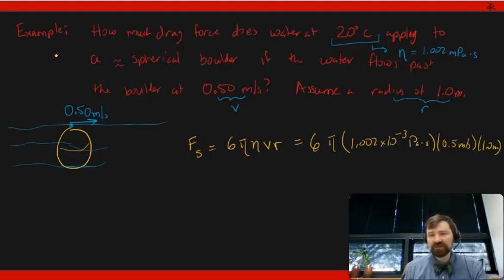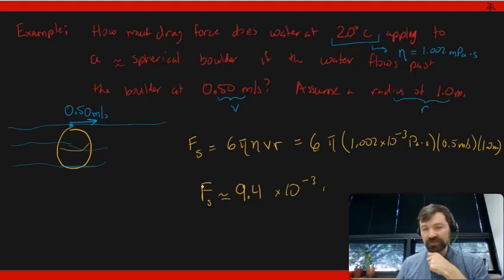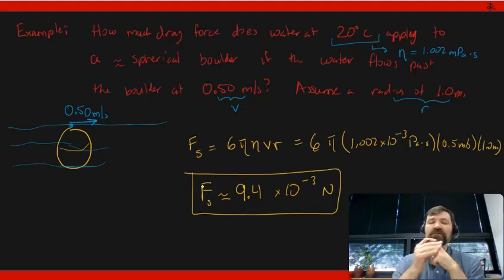So we can plug these things into our calculator. 3 pi is a little bit less than 10. So to a very good approximation, this is going to be 10 to the minus 2 newtons worth of drag that we're getting here. To a slightly better approximation, we're looking at a Stokes Law drag of about 9.4 times 10 to the negative 3 newtons worth of drag force from this water on this.